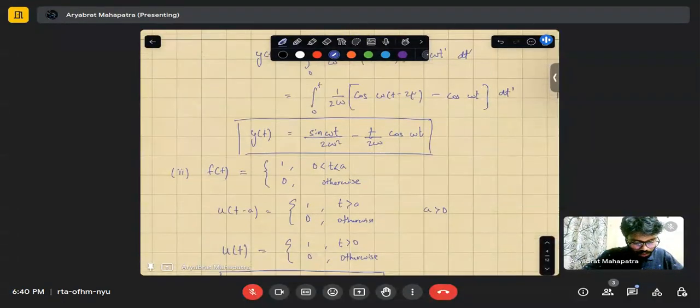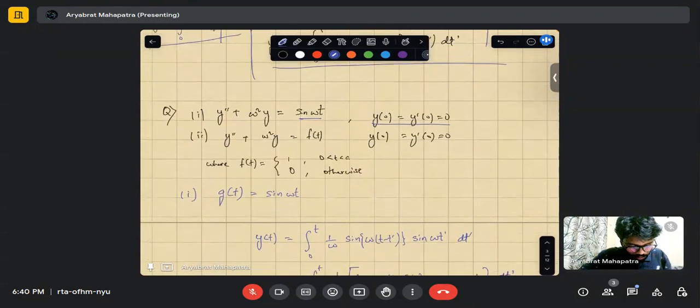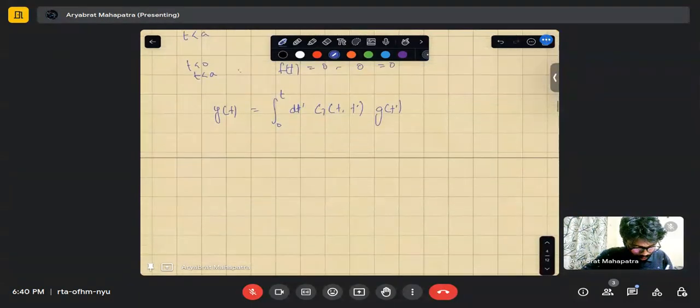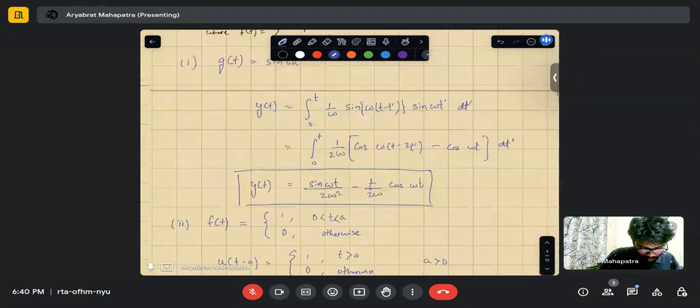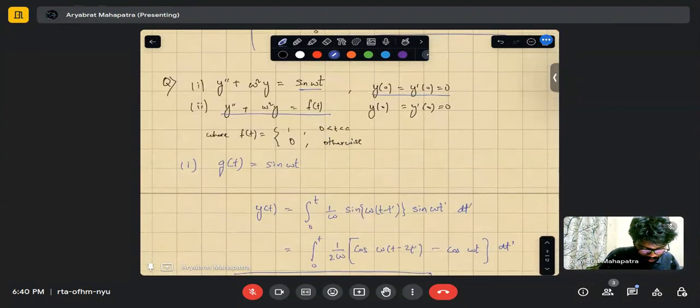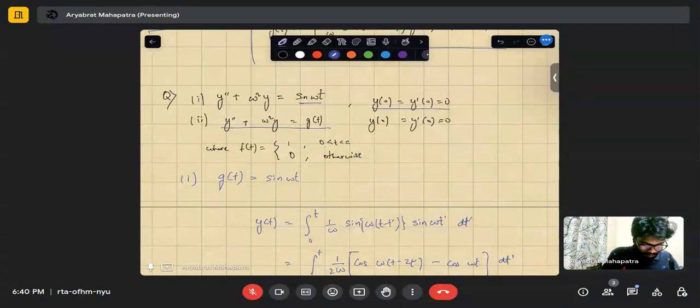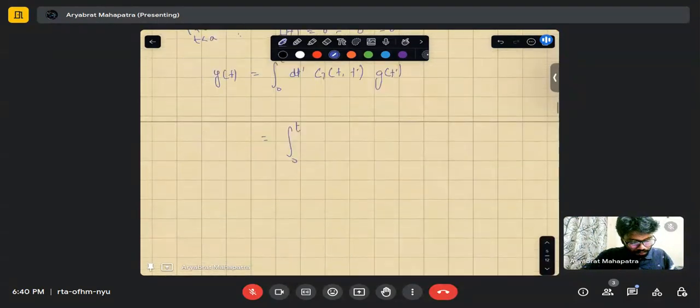Whenever you have a differential equation of this kind of form, your Green's function will always be, in this case, this g of t. This every time poses a lot of confusion, so sorry for that.